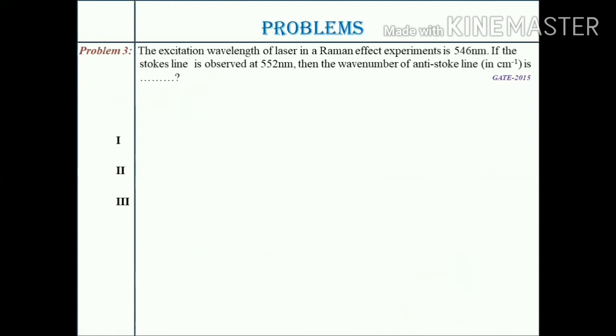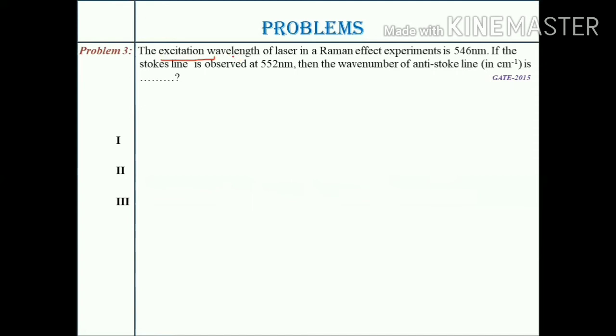This problem has also been in one of the GATE examinations. The excitation wavelength of the laser in a Raman effect experiment is 546 nanometer. I just told you, if the excitation wavelength or wave number of the laser is given, that means what is given to me?